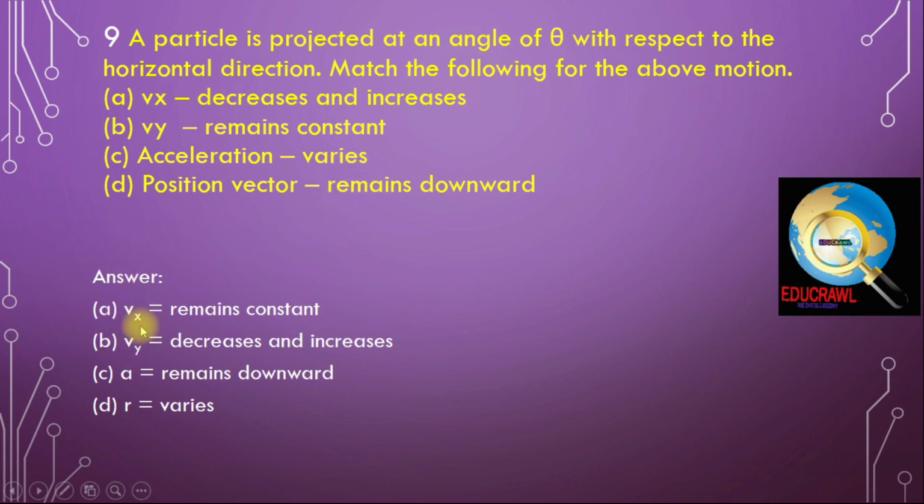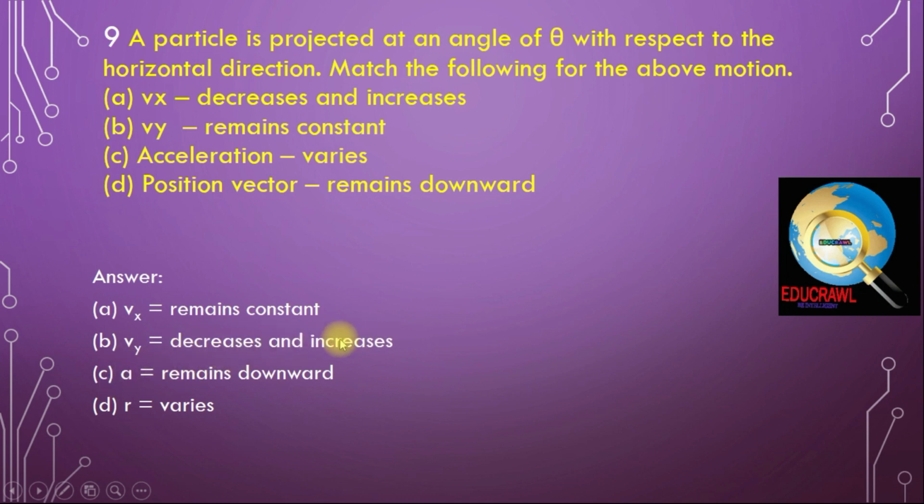So here Vx: we know that in the oblique projection, the velocity in the horizontal direction will remain constant. The velocity in the horizontal direction is nothing but Vx. So Vx remains constant. Whereas the vertical one, the component of velocity along the y-axis, first decreases, after that it increases.